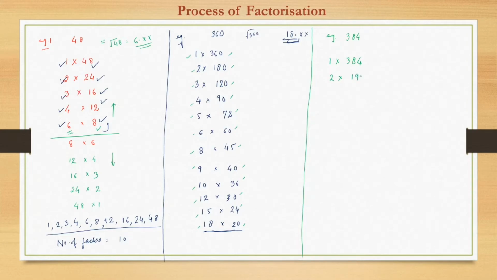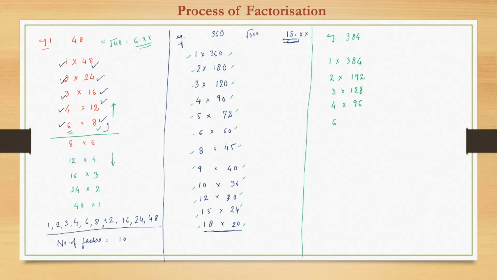Yes. Can 3 divide 384? Yes. 3 into 128. Then 4. Yes, 96 times. 5 will not divide 384.